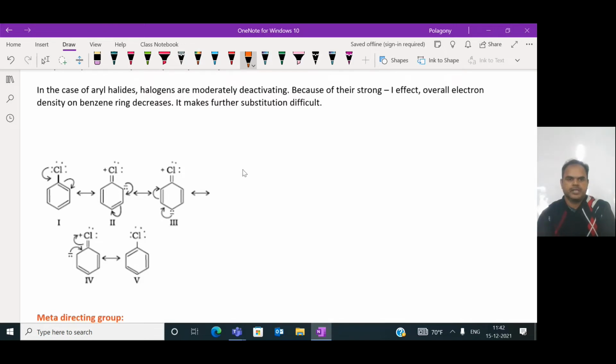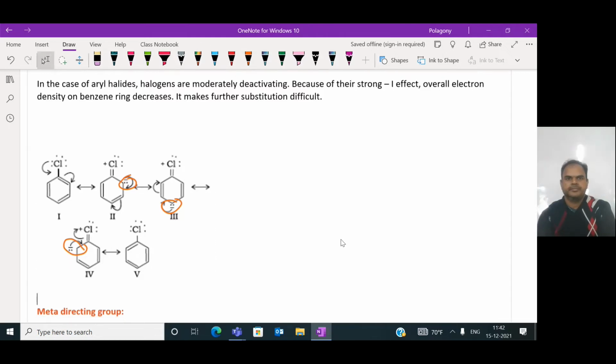So then we can get ortho and para. This is ortho, this is para. Two products we can get, and one more, again at the ortho position also. The chlorine also has that electron releasing property, electron releasing property we say.